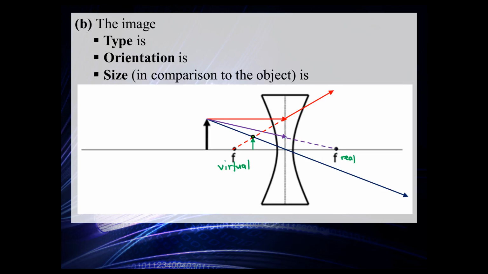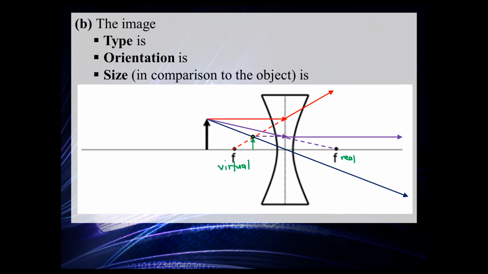So when that ray of light targets the real focal point, it refracts parallel to the principal axis. At first glance, it doesn't seem like there's a ray that does intersect my green dot. But again, if you don't find that intersection point, take your refracted ray and backwards extend it or pull it behind the lens. And if I do that, it does in fact match up with the green dot.